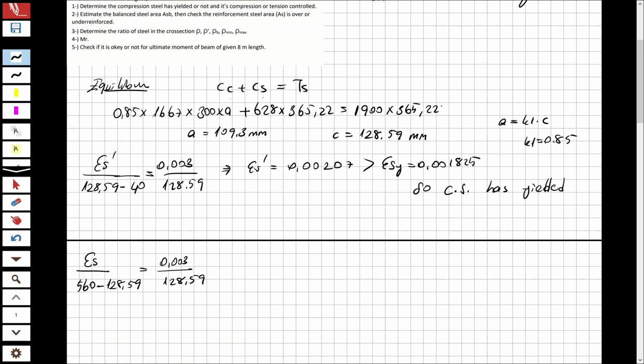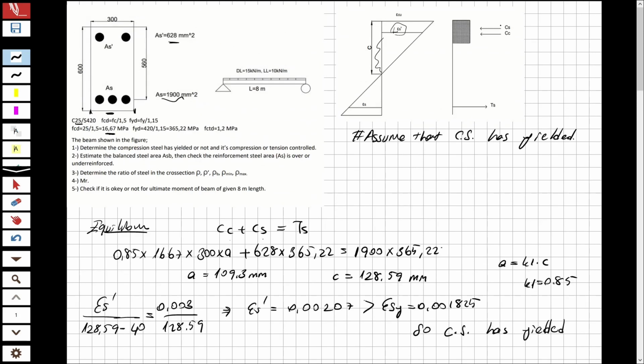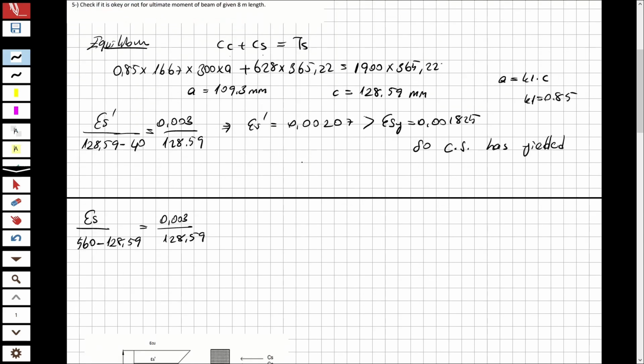Let me show you how I did it. For epsilon s, I divide by this length, and for the concrete, which is also 0.003, I divide by this length.